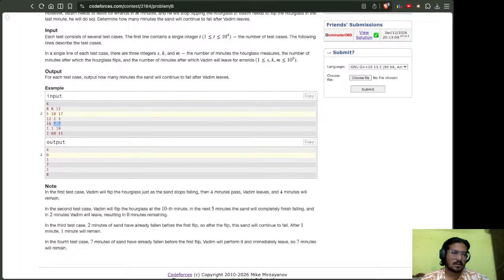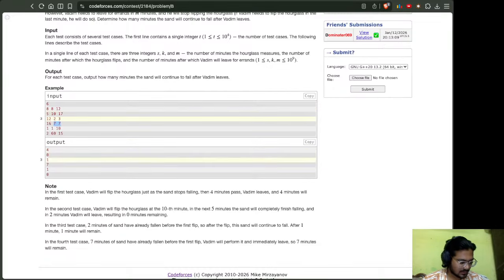Okay, 12, 2, 3. 3 divided by 2 is 1 with mod 1. Occurrence is odd and extra is 1. We are giving the minimum of 12 and 2, that is 2, and 2 minus 1 is 1.